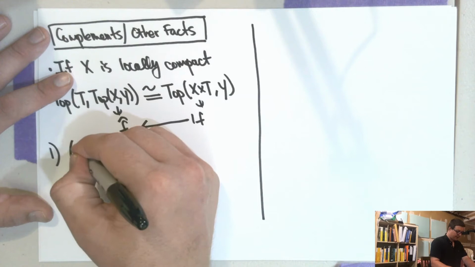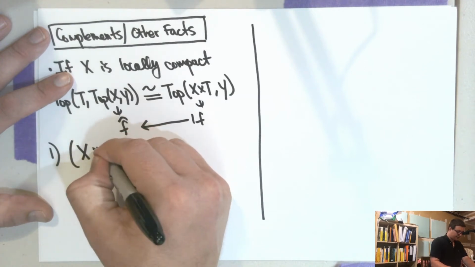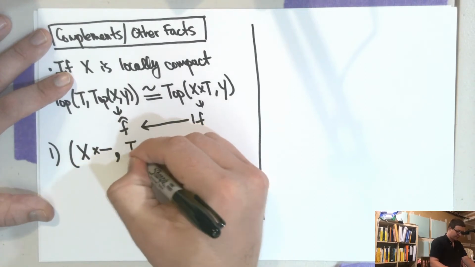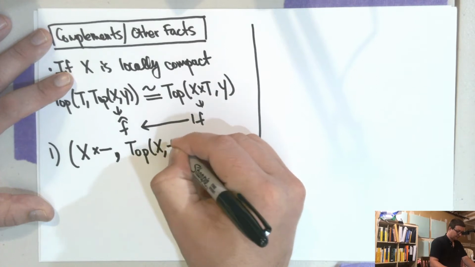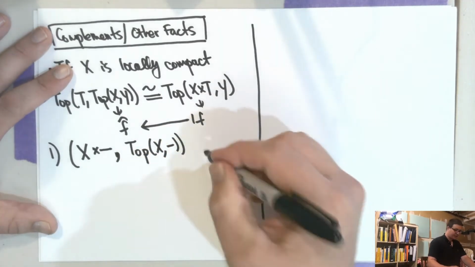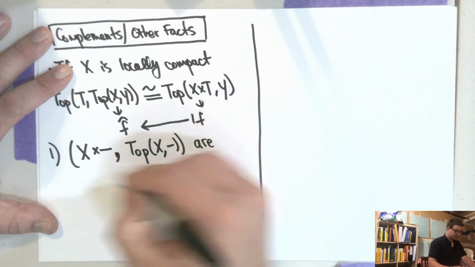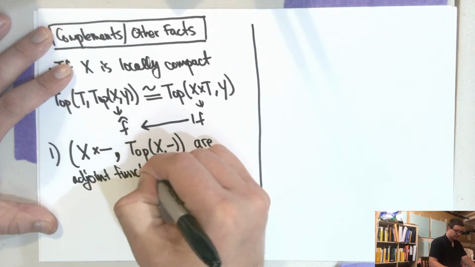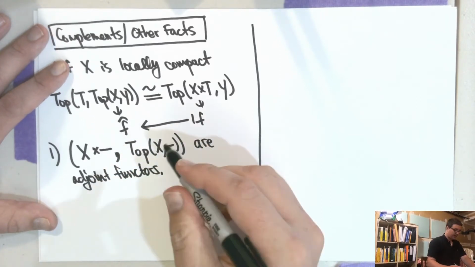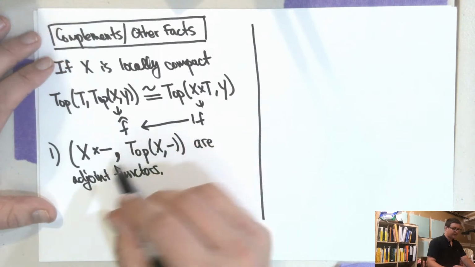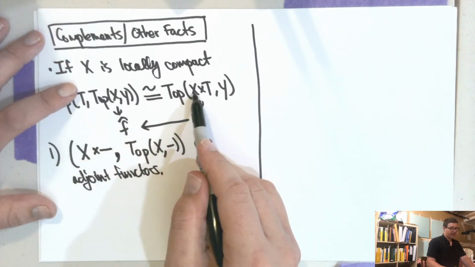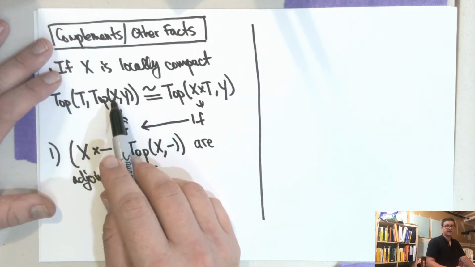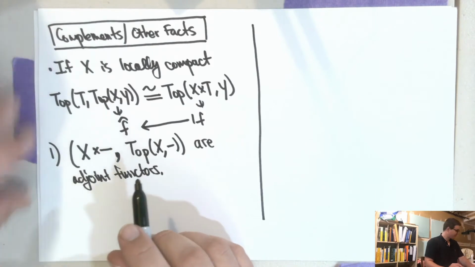The functor here, if I take X and then take its product with something, and then the functor that X represents. So these are adjoint functors, from the category of topological spaces to the topological spaces. So having a map from X cross something is the same thing as having a map to the mapping space with X.